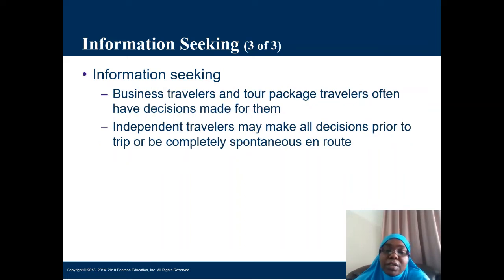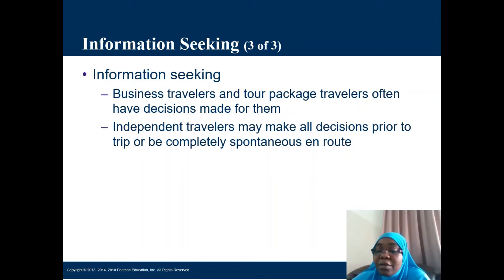So, information seeking: business travelers and tour package travelers also have decisions that are made for them. When people are traveling for the purpose of business, the information is most likely to have been packaged, and some decisions would have been made for them.